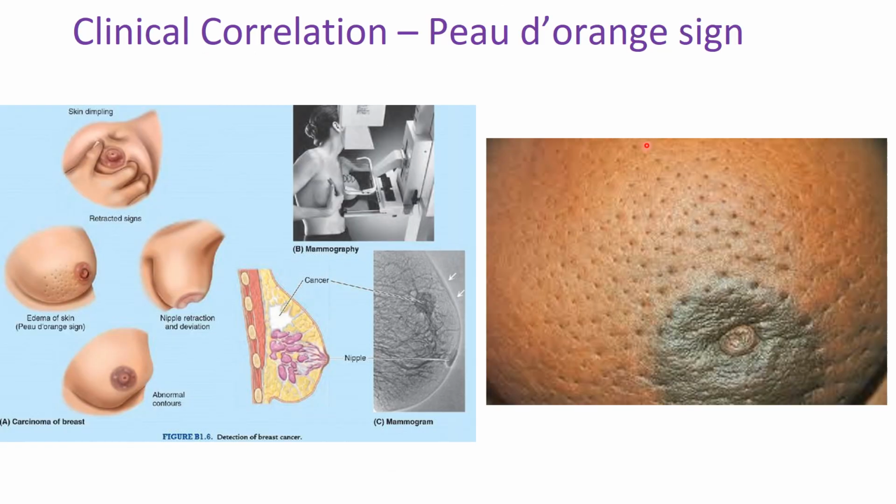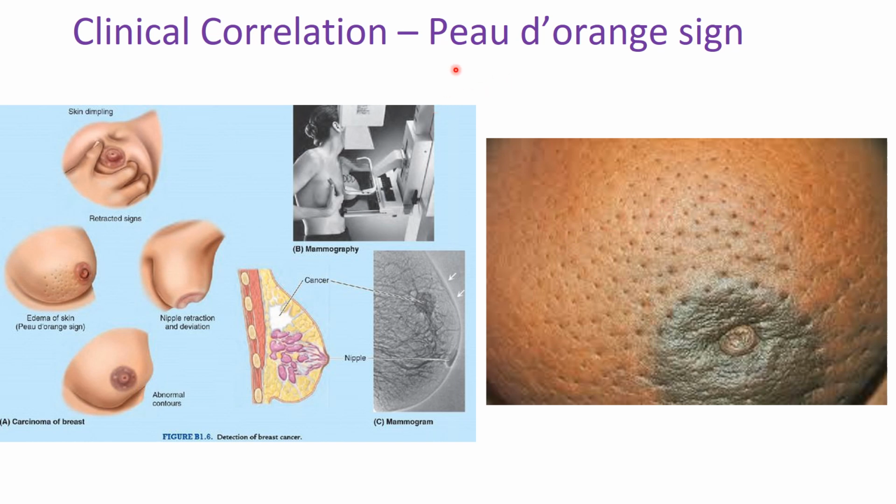So going over to brief clinical correlations, the first clinical correlation we want to talk about is peau d'orange sign. So the peau d'orange sign is a sign that correlates to the possibility of breast carcinoma. So when you have breast carcinoma, there is the possibility that those suspensory ligaments become tightened. So as those suspensory ligaments tighten and shrink, it can cause this little patching of the skin of the breast tissue.